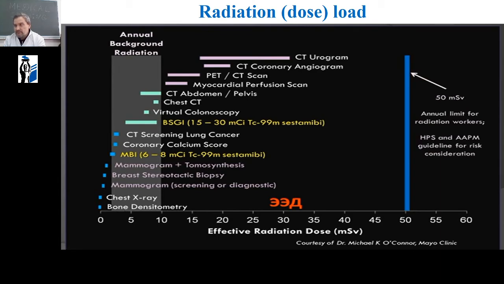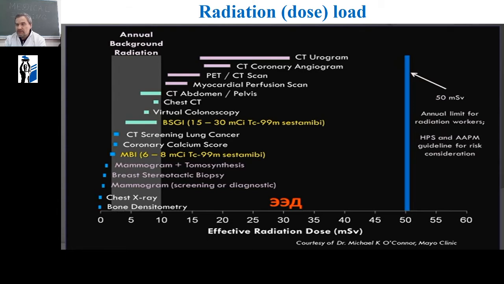On the right, there is a column of the radiation dose of 50 millisieverts. This is the maximum annual radiation dose for radiation-related workers, including radiologists.